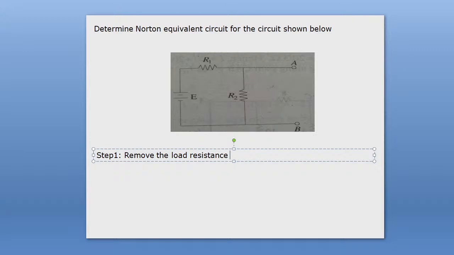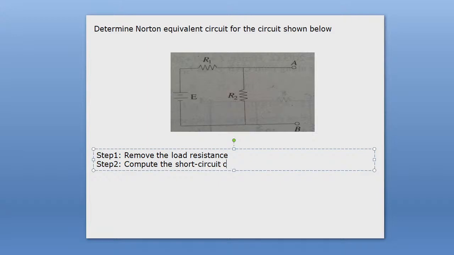Remove the load resistance. Step 2, compute the short circuit current.